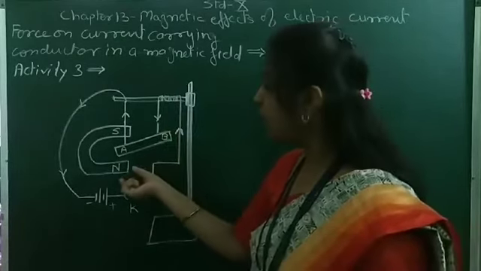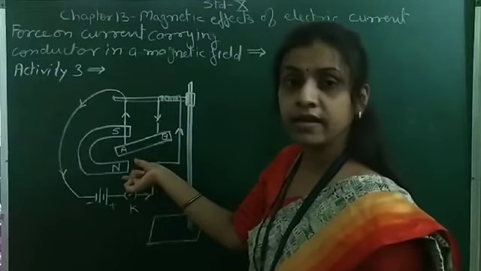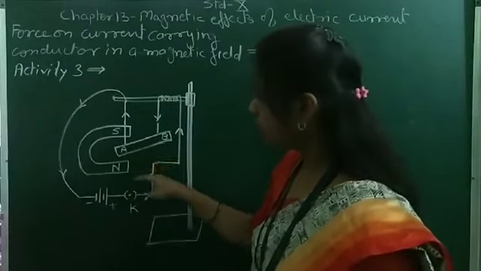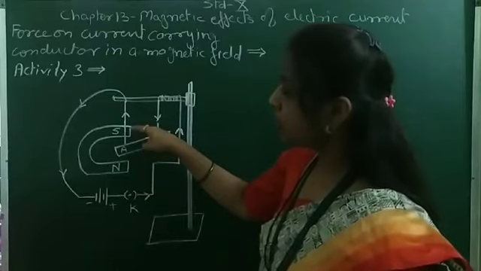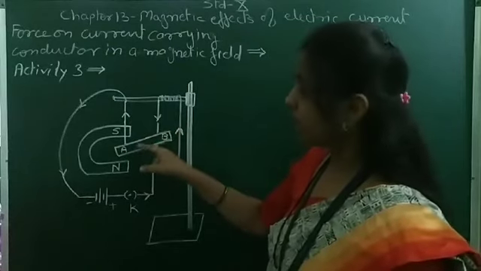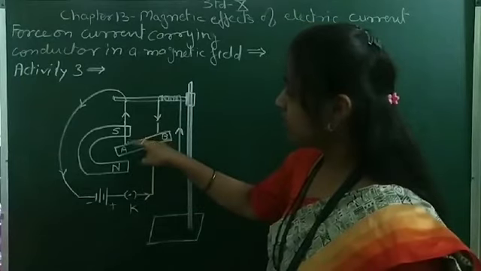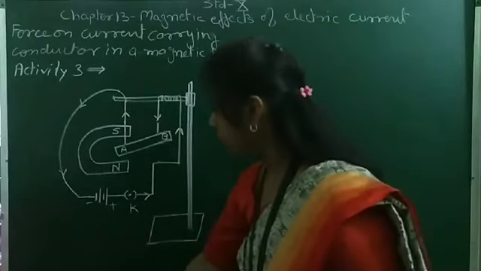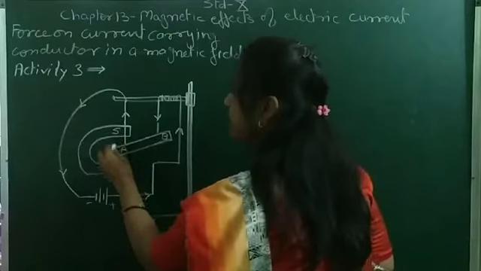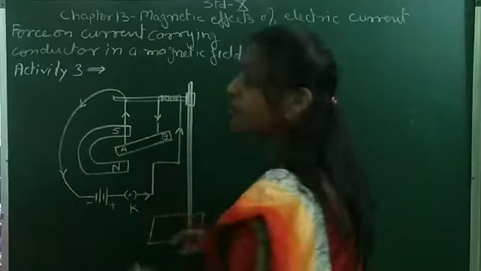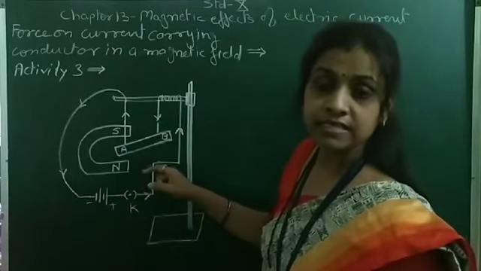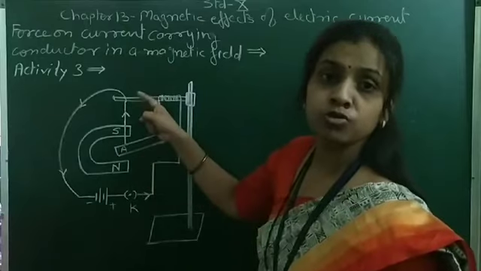Now the magnetic field of this horseshoe magnet should be directed upward. It means that we have to put the north pole of the magnet below the rod and the south pole of the magnet above the rod, so that the magnetic field is directed upward, because we know that magnetic field lines are always directed from north to south.